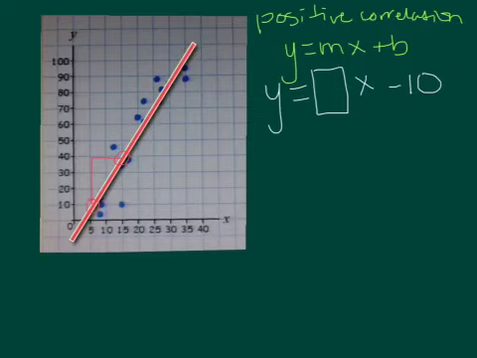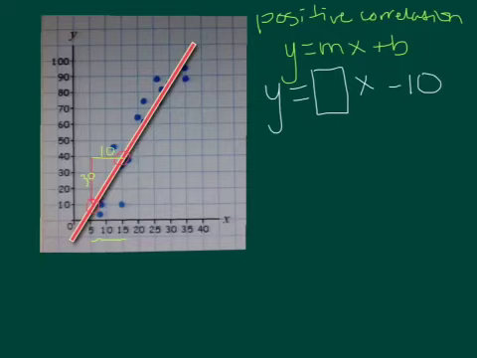So if we just count that rise and run, it looks like it rises 10, 20, 30, and then the run, since it counts by 5, it looks like it runs 5, looks like it runs about 10. Let's see if it follows that same pattern anywhere else in the graph.